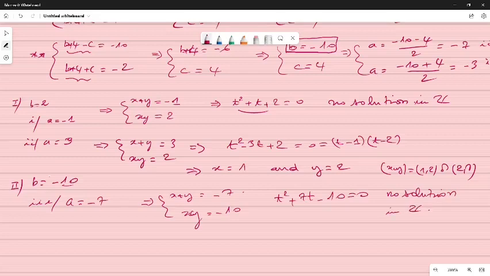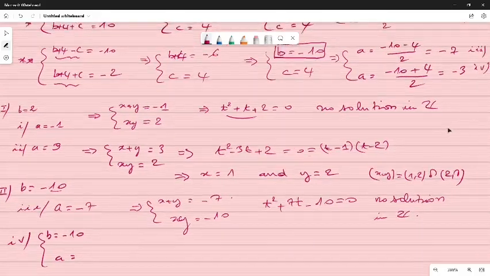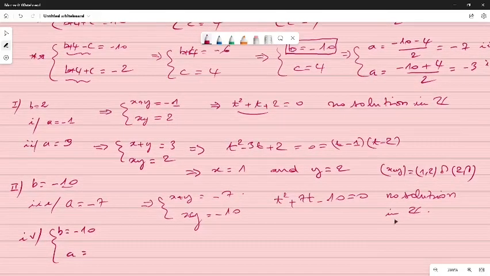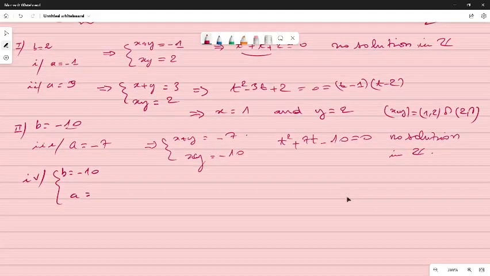So we go to case 4, and in case 4 we have b equals minus 10 and a equals minus 3. So x plus y equals minus 3 and xy equals minus 10.